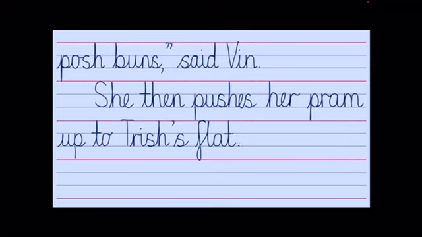Okay, next sentence. She hands the buns to Trish as soon as she gets there. She hands, will I think fit in that space? She hands the buns to Trish.